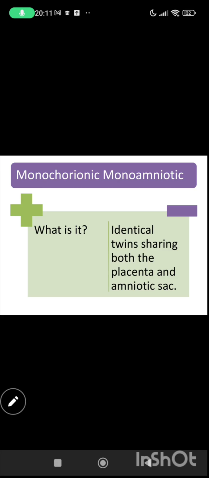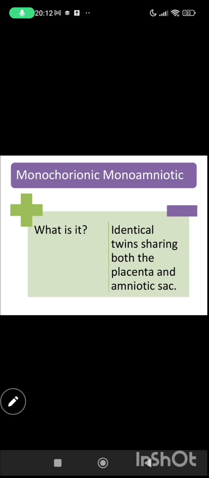If they split earlier, there is more separation. Like there are two friends. If they spend less time together and separate earlier, separation is easy.